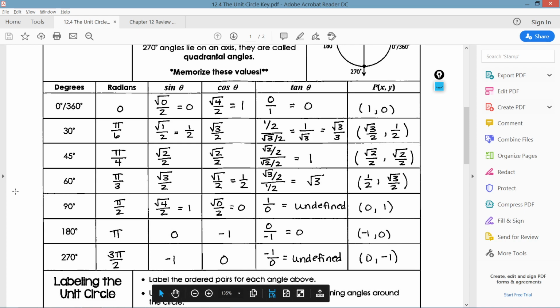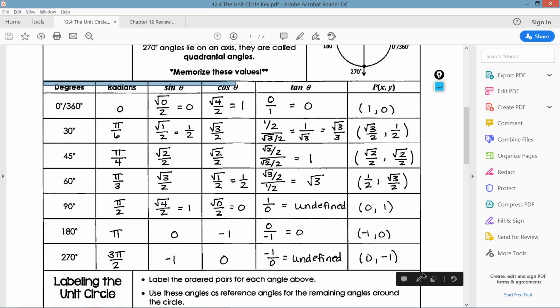So here's the deal, okay? You're all going to be taking pre-calc or trig next year, I think, unless you are blessed and you took probability and statistics and chose the righteous path. But if you chose the other path of either pre-calc or trig, guess what? You get to memorize this table next year, okay?